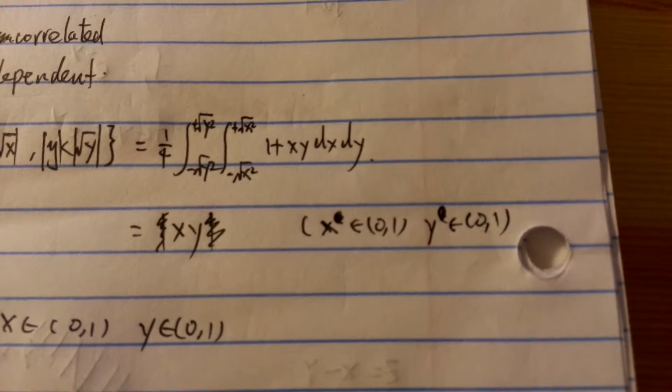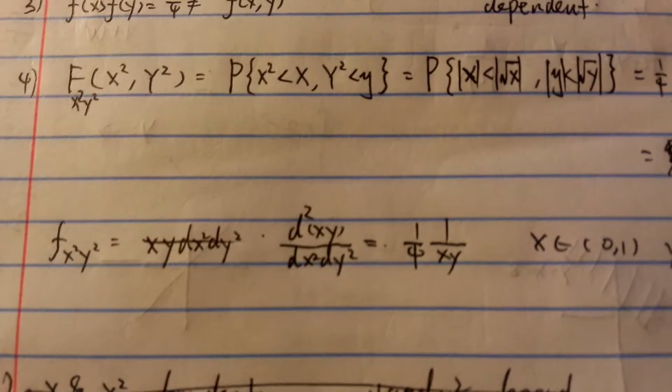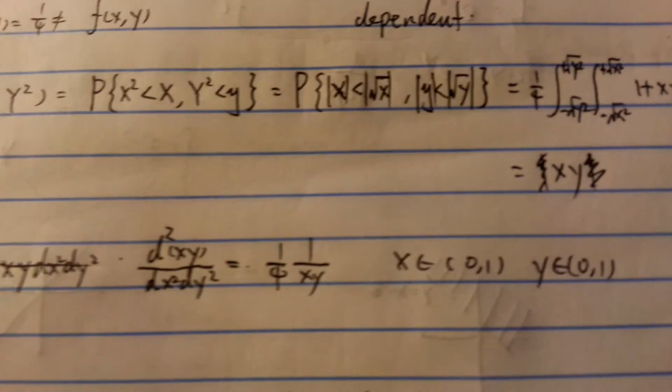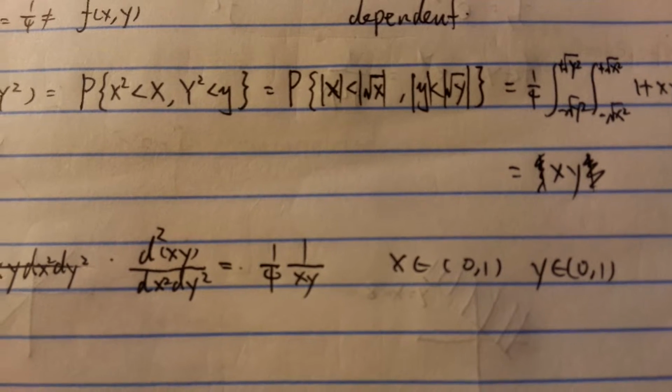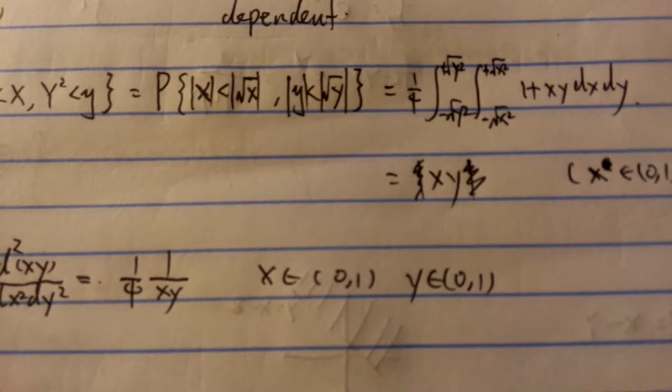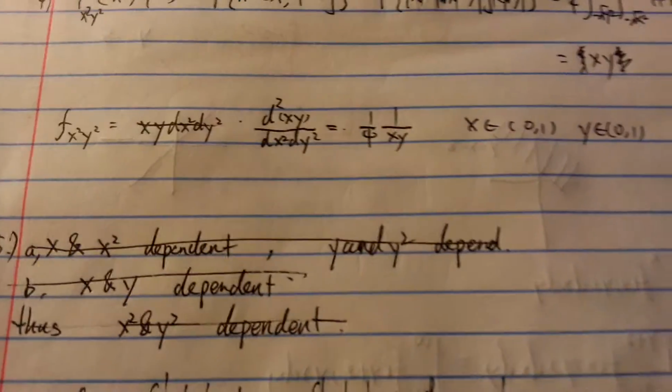What I get is just equal to x times y. Then we take a derivative with respect to x and y. What we get is just 1 over 4 times x times y. And x and y are both between 0 and 1.